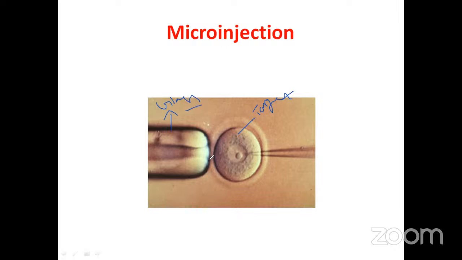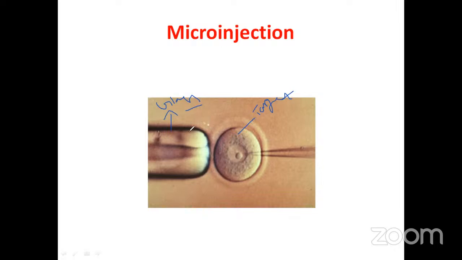In this technique, the target cell is positioned under the microscope, because we should observe carefully where the cytoplasm and the nucleus are. That's why this is carried out under the microscope, with direct injection into the cytoplasm or the nucleus with the help of the micromanipulator.